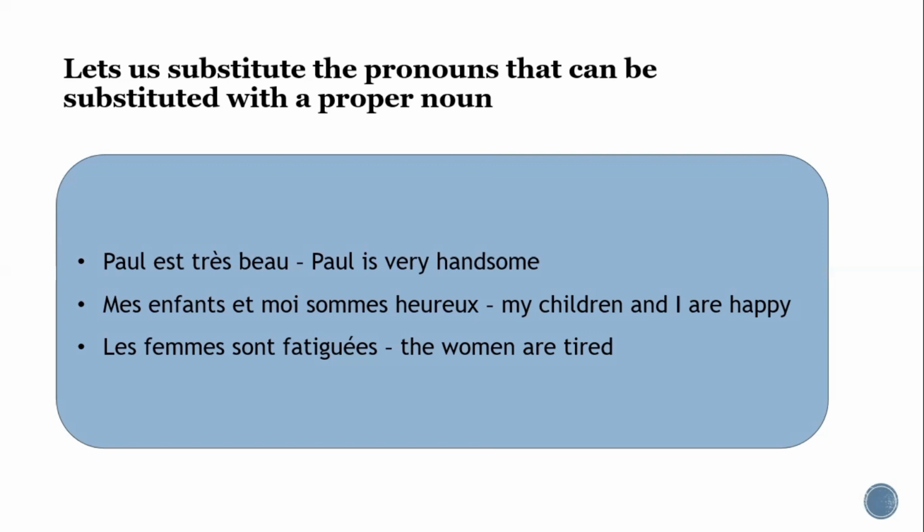So we have les femmes sont fatiguées, which means the women are tired. So we are able to know that it is sont that we are going to put in this place. Why? Because we can easily substitute the women with they. The women, they are tired. I hope you get that.